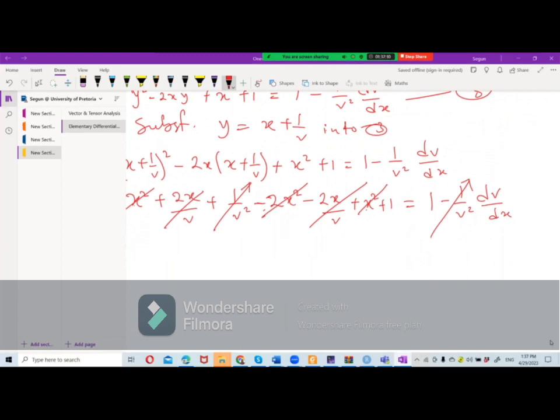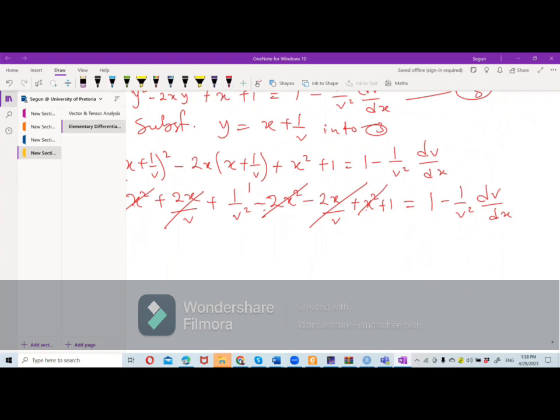That one cannot go, because if he moves to the other side, it returns to positive.